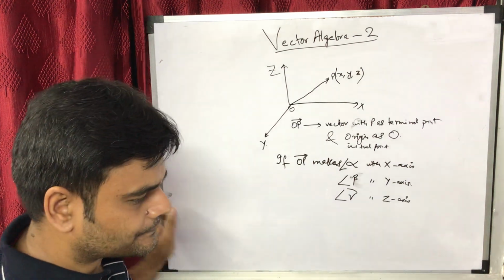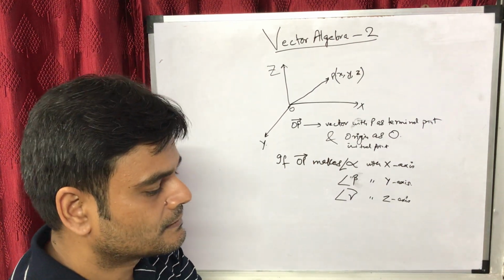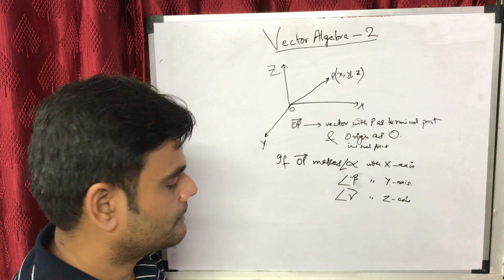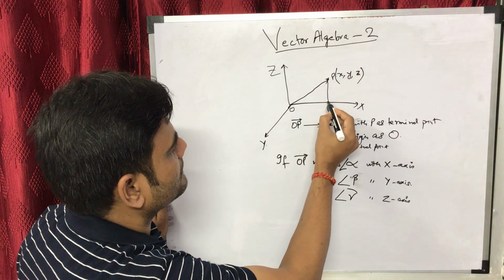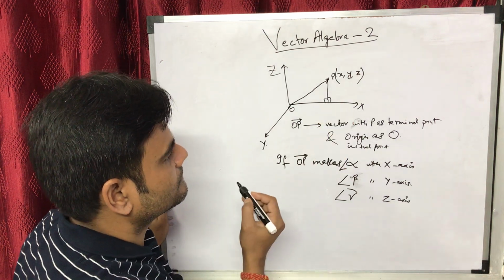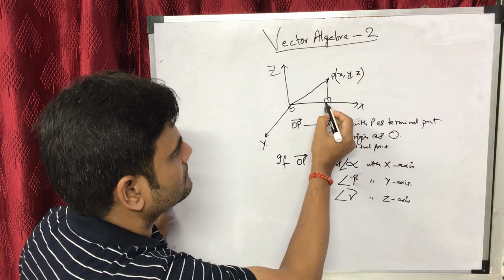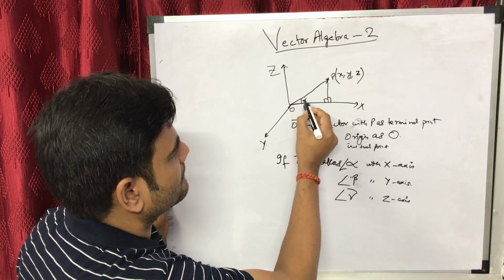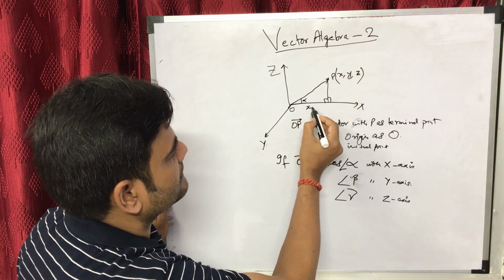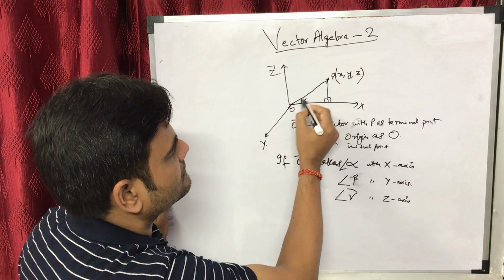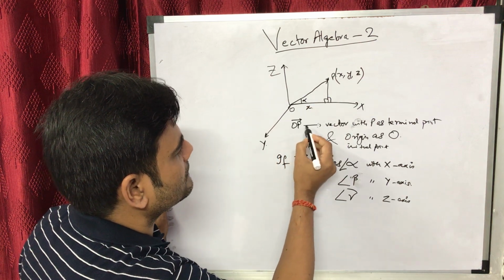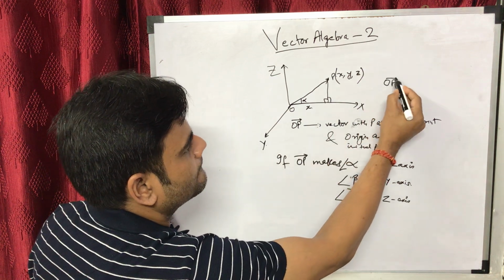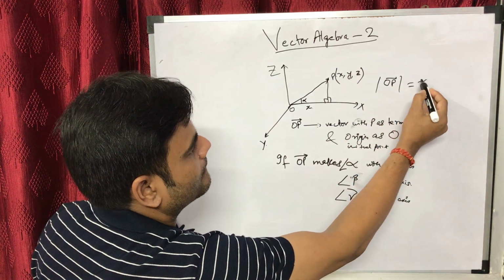Then in that case, if you drop a perpendicular on the x axis, this is easy to visualize. So this is alpha, so cos alpha is x by the hypotenuse, and the hypotenuse is OP, mod OP is r.